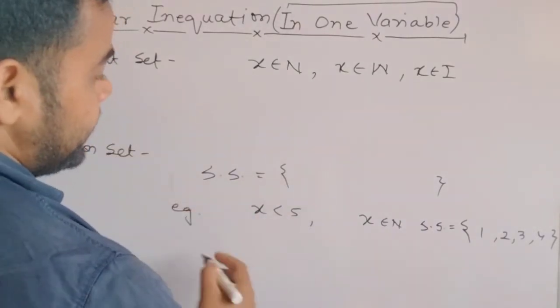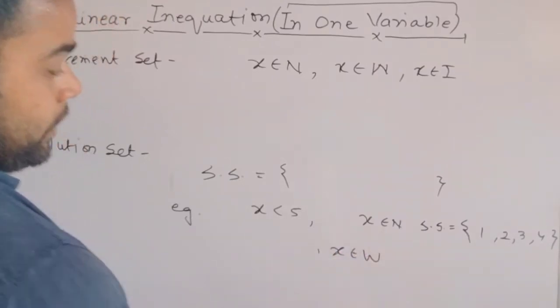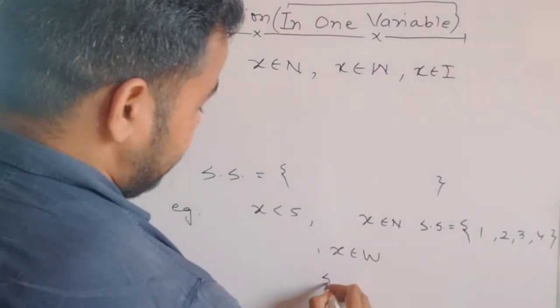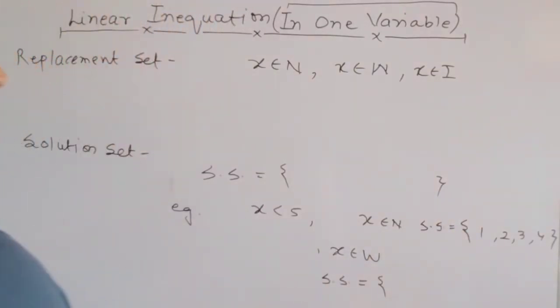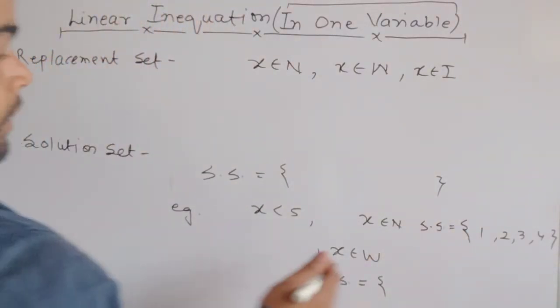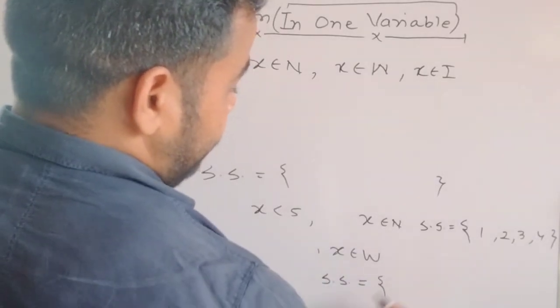If for the same inequality x belongs to whole numbers, what will be the solution set? As we know, natural numbers with 0 are called whole numbers. Natural numbers are counting numbers started from 1, 2, 3, 4.